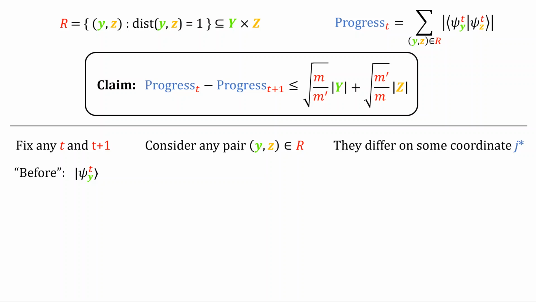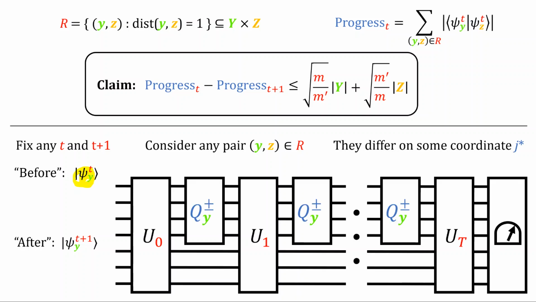So let's focus even further just on y. Let's imagine running the algorithm when the input is y and focus on the state of the algorithm, psi sub y superscript t, before the t plus first query. And then imagine what it is after we do that t plus first query. So again, let me draw the picture of the quantum query algorithm. It looks sort of like this.